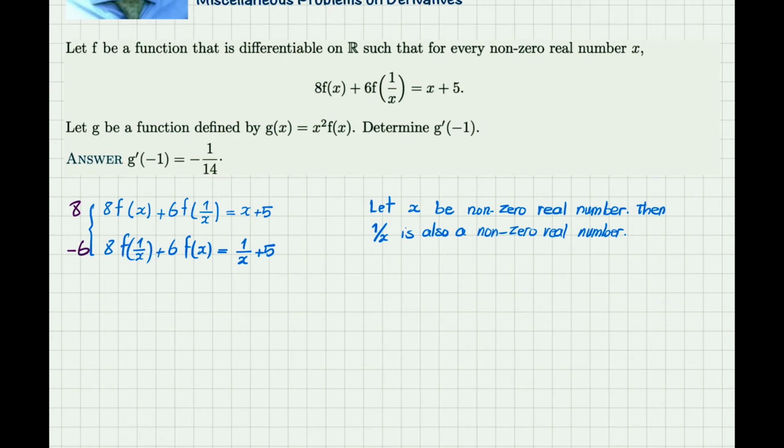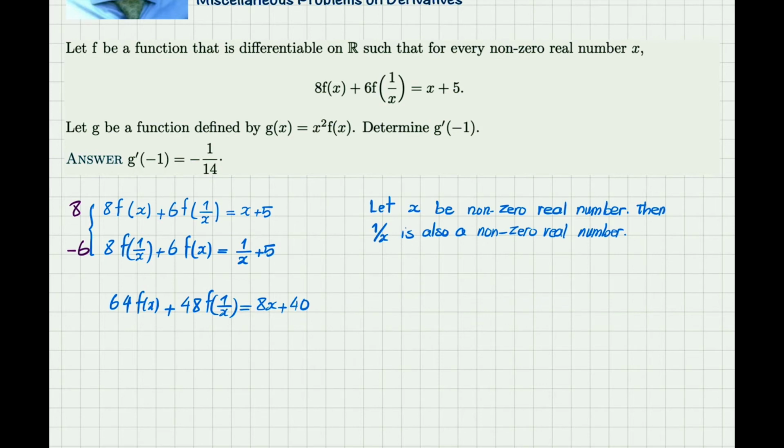Then what I get is 64 f of x plus 48 f of 1 over x. On the right hand side I will have 8x plus 40.